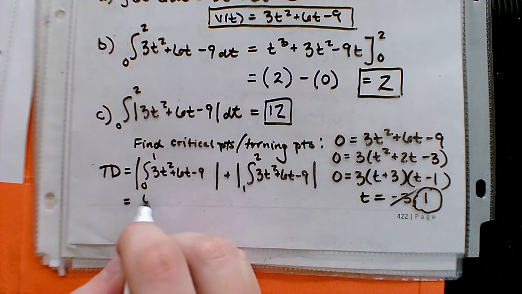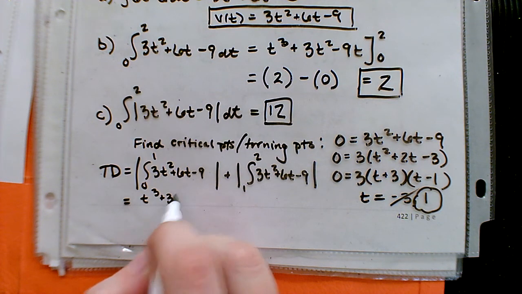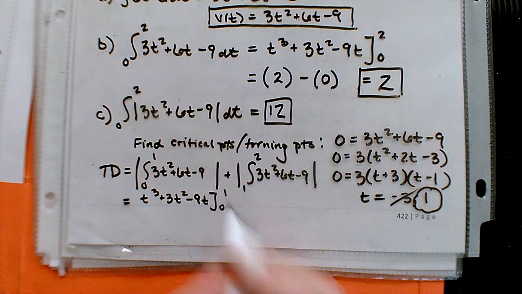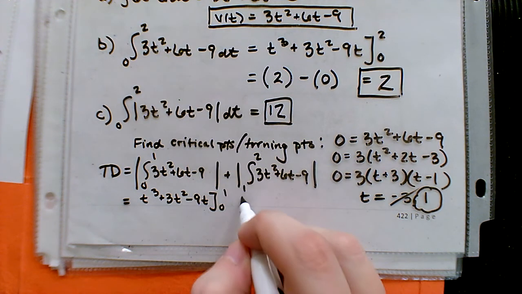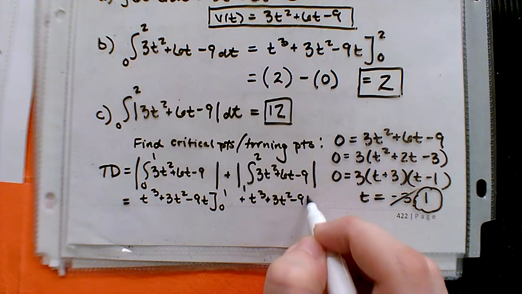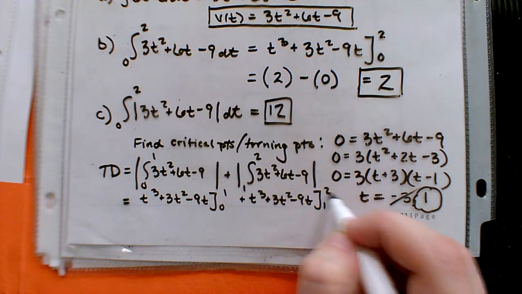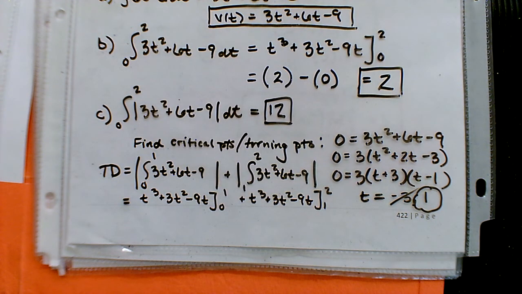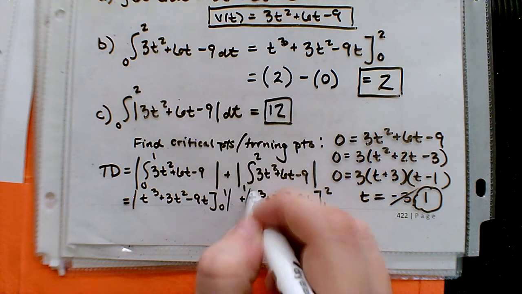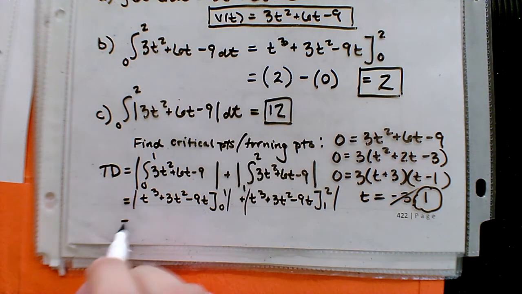So we just have to figure out t cubed plus 3t squared minus 9t from 0 to 1, and then add t cubed plus 3t squared minus 9t from 1 to 2. Make sure we have those absolute value bars, and then we'll be good to go.